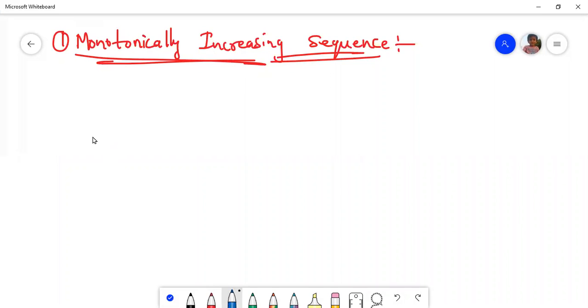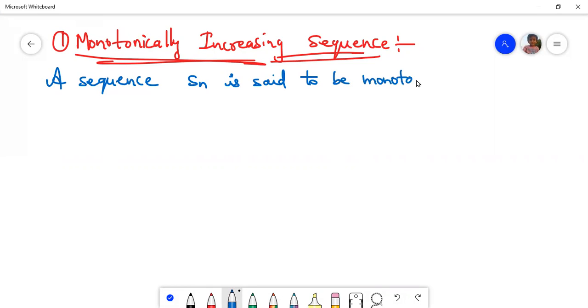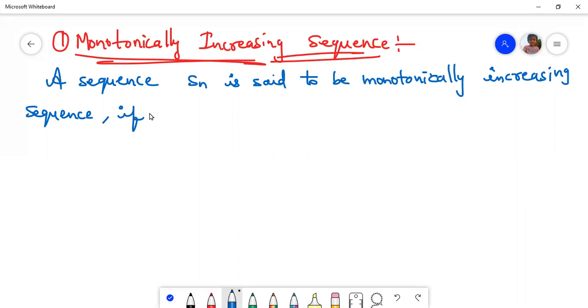A sequence Sn is said to be a monotonically increasing sequence if Sn is less than or equal to Sn plus 1.